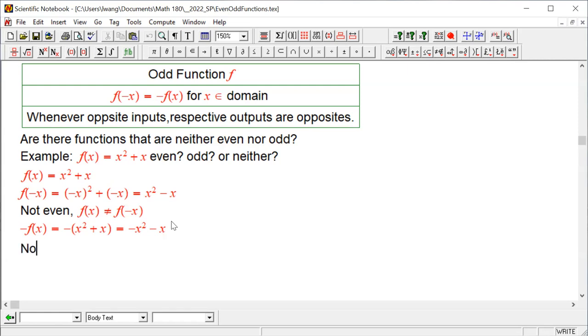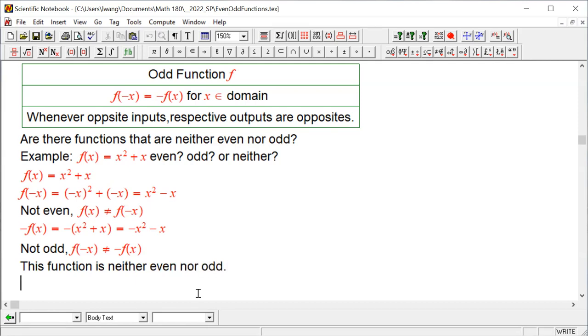No, so not odd, because f of negative x is not the same as negative f of x. So not even, not odd. Therefore, this function is neither even nor odd.